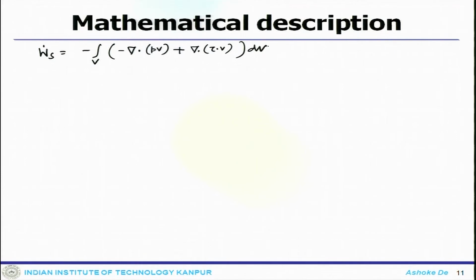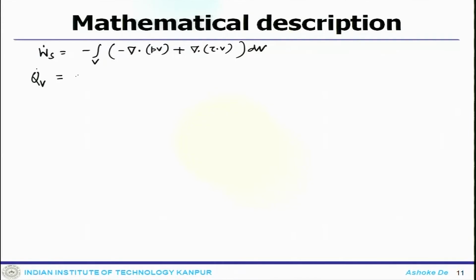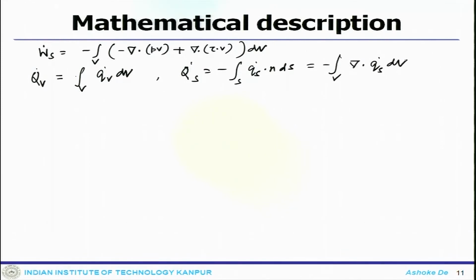Now, similarly, I will get heat in the control volume, either it could be heat generated or it could be heat destroyed. So, it can act as a source or sink. So, this could be the volume integral of Q dot V dV. Similarly, at the surface it could be the surface integral of Q dot S dot N dS, which is del dot Q dot S dV.